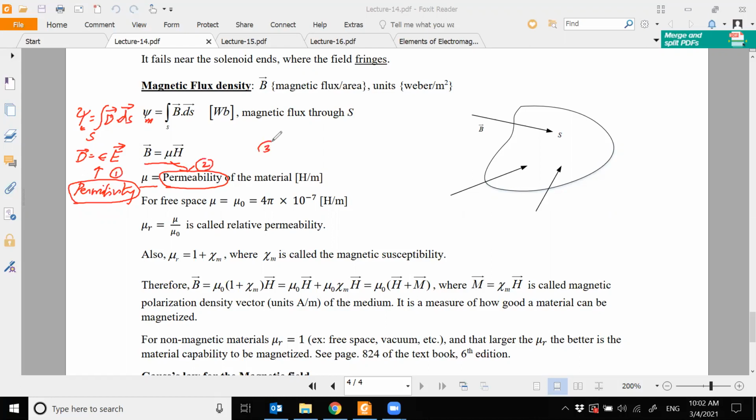Can anybody tell me what is the third property that can define a material? This is just a general question.